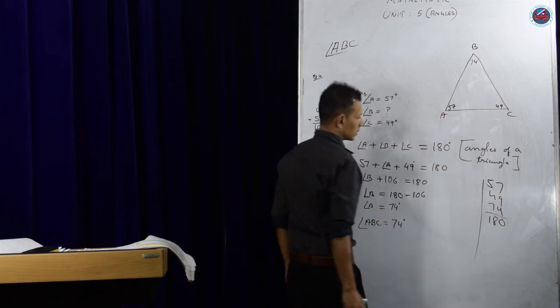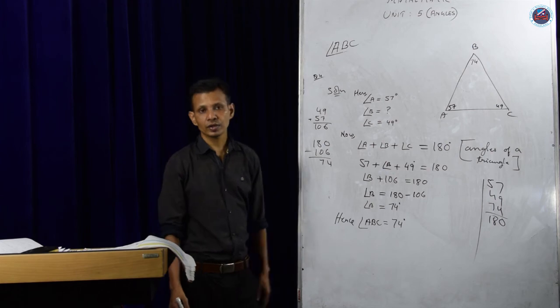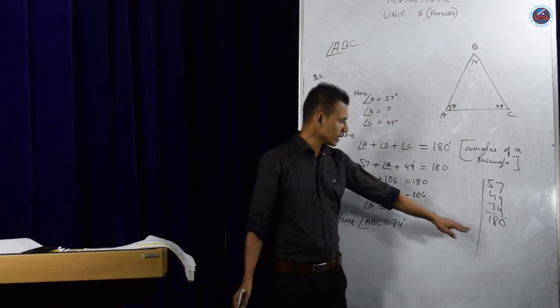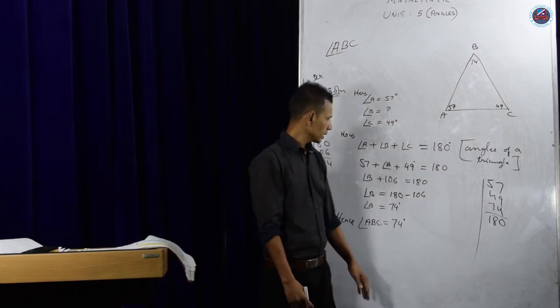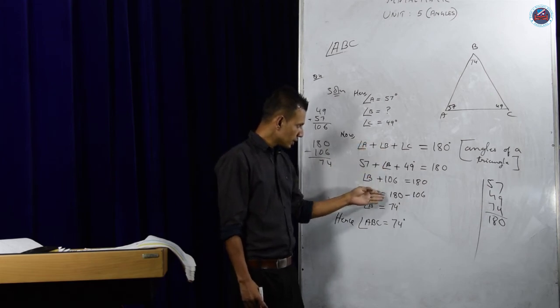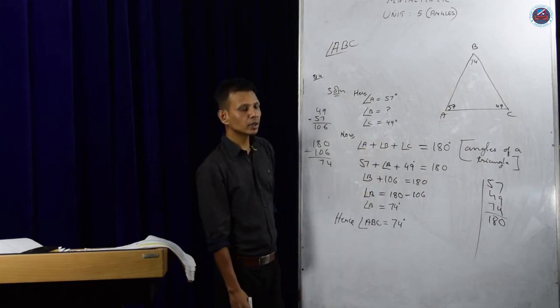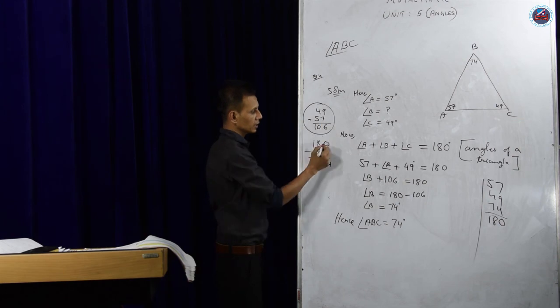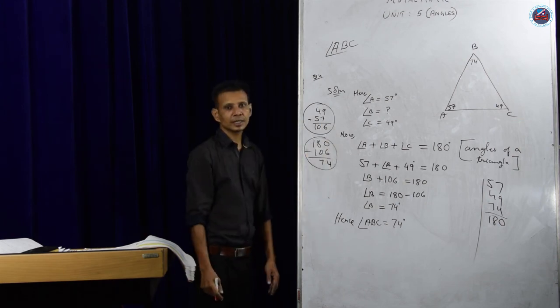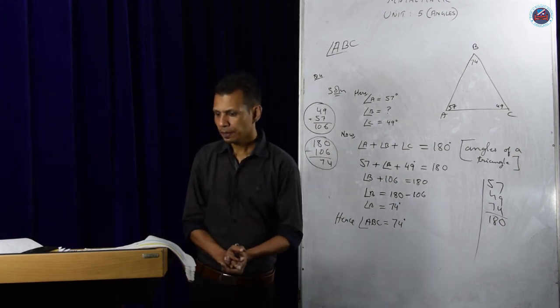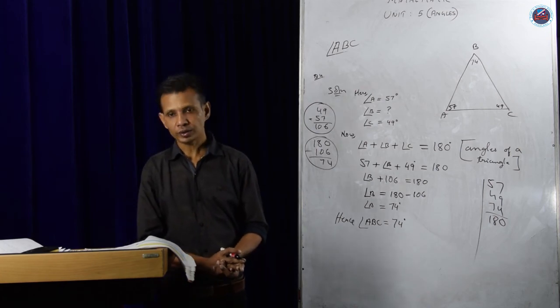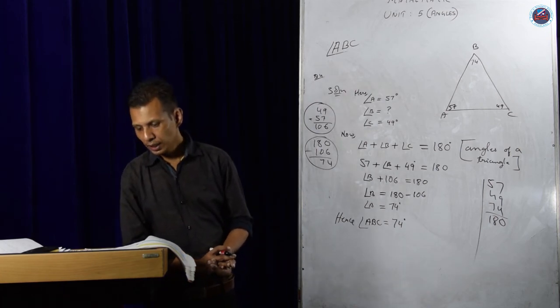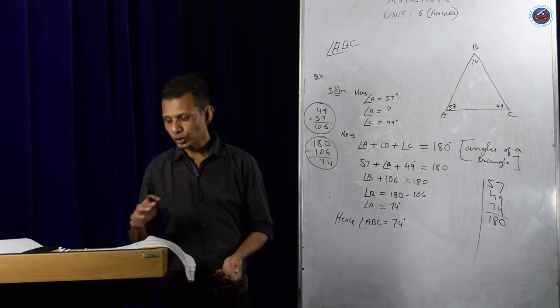You see that? Your answer 74 is correct. If you don't get 180, slowly check. There might be a mistake somewhere, or there might be a mistake in your calculation. Okay? Can you try the rest? I'm sure you can. Now, question number 5 I would like to show you.